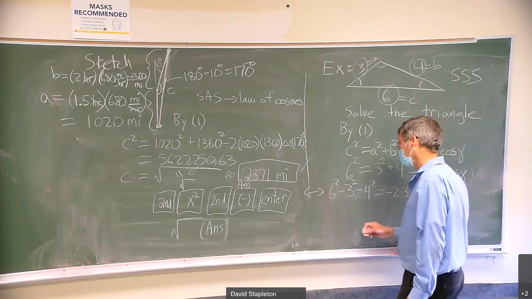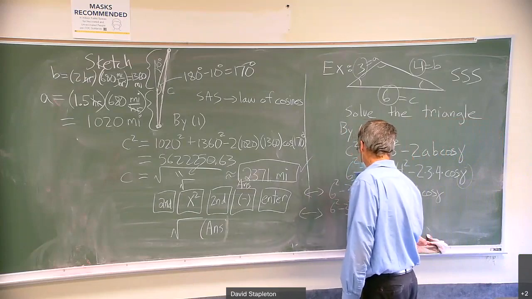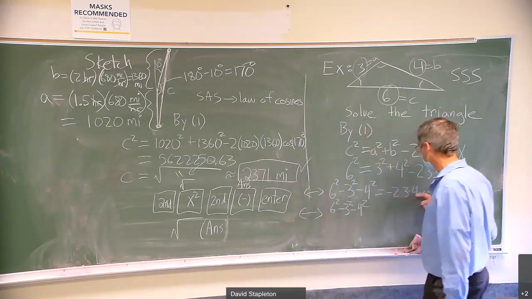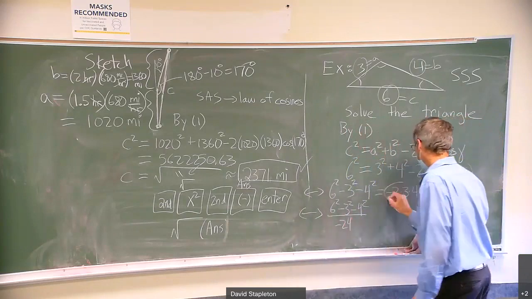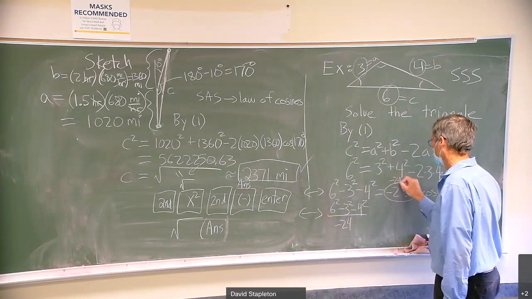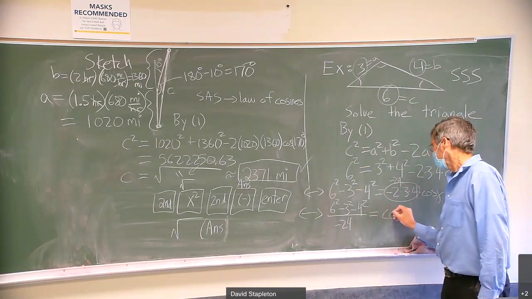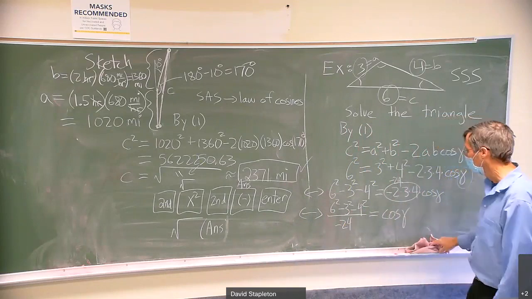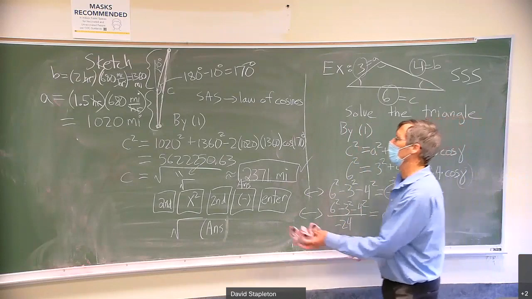So I'll go ahead and finish this up. There's nothing wrong with it. 6 squared minus 3 squared minus 4 squared, divided by negative 24. That's the cosine of gamma. Well, cosine gamma is that number. What must gamma be?